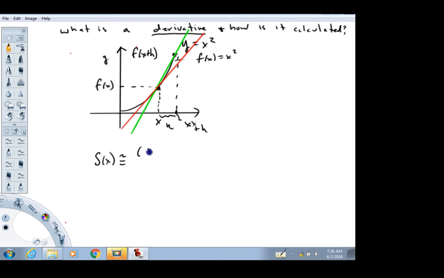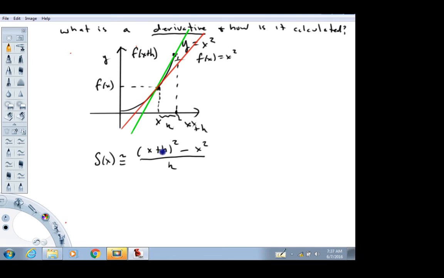So that's going to be x plus h squared minus x squared over the difference between the two x values. If I take x plus h and subtract x, all I get is h. So now I have an equation that gives me an approximation for the slope of the red line. You notice that it depends on h.